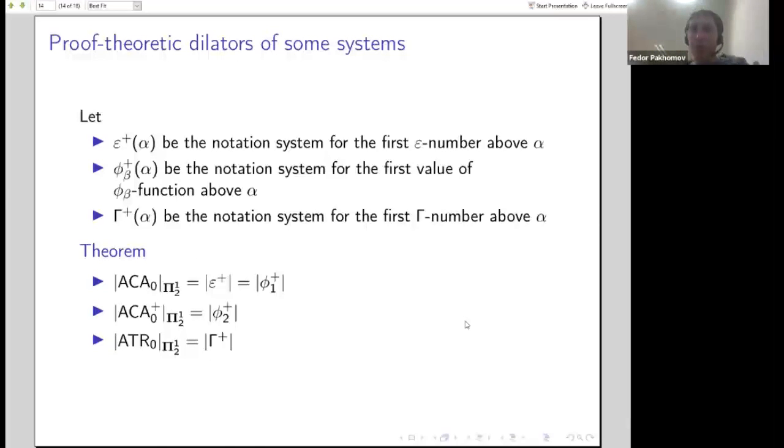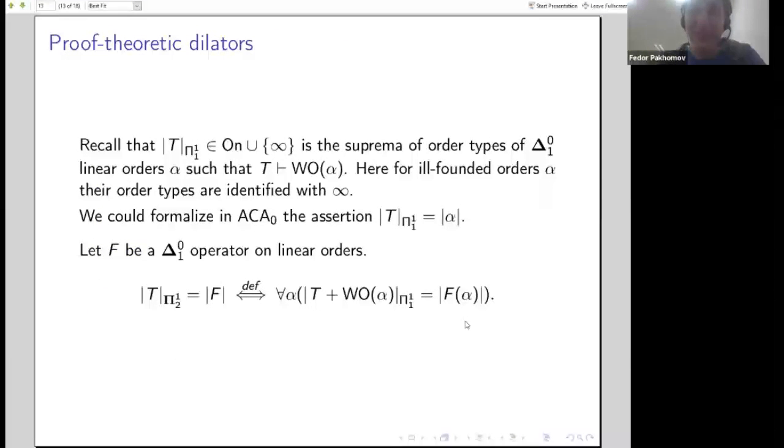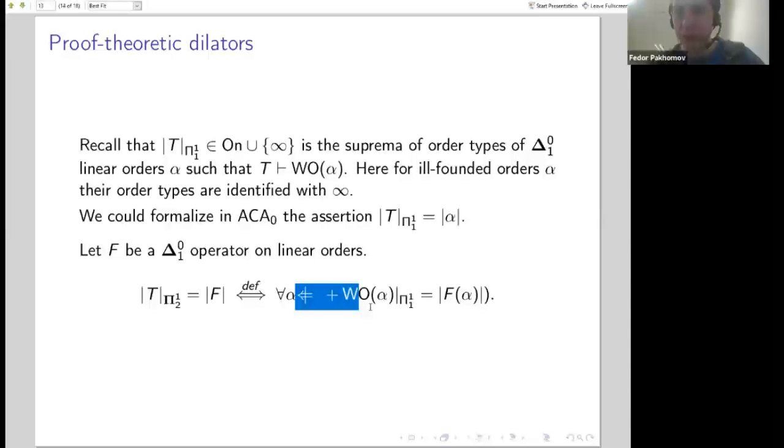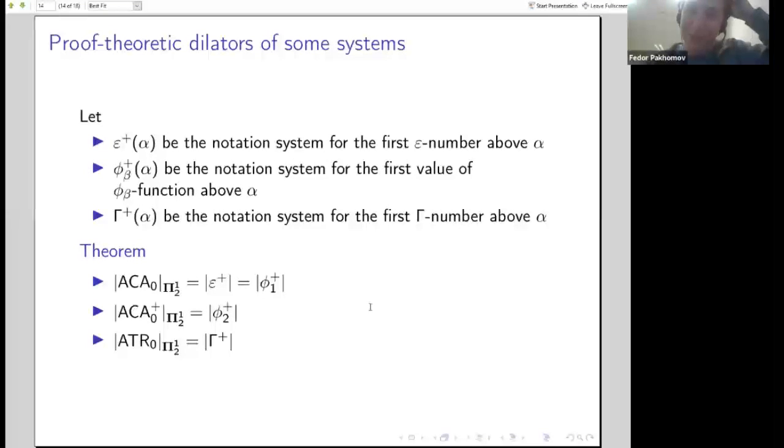Extensionally it's a function from order to order, so the relevant situation is when we apply them to Veblen rings. But in principle, we actually want these operators to work just on arbitrary linear orders.